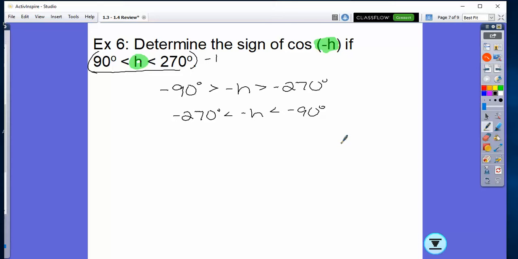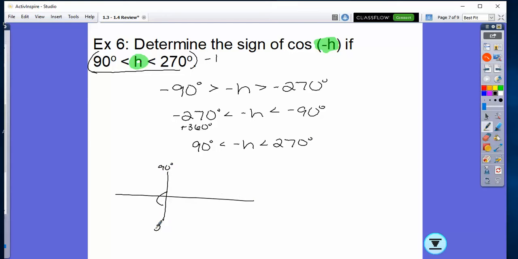Could you add 360 and get the coterminal? So if you struggle with having the negatives, if I found my coterminal for both of these, that would be 90, and this would be 270. Is that more helpful? So it's between a 90 and 270.